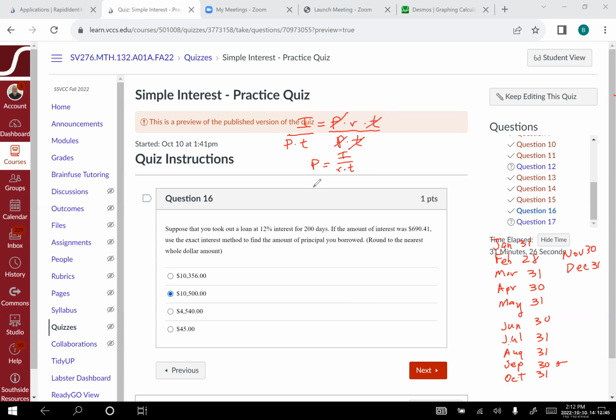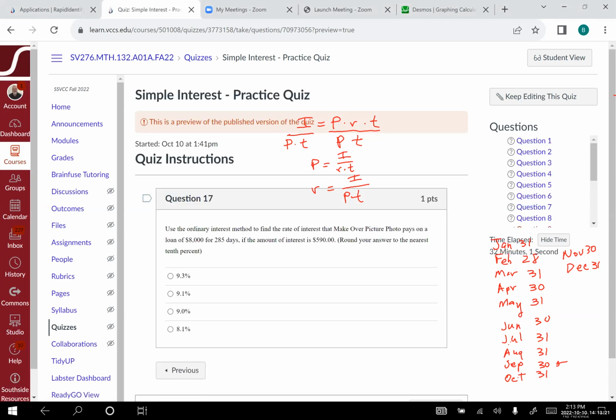So our formula written this way is the rate equals the interest divided by the principal times the time. So there's our formula rewritten to find the rate. Here's the question.